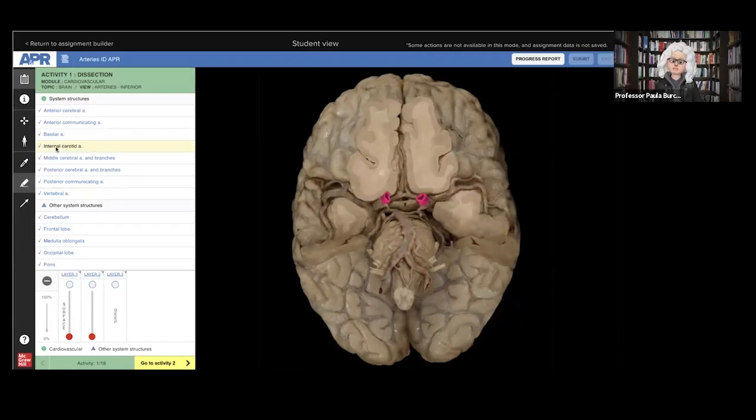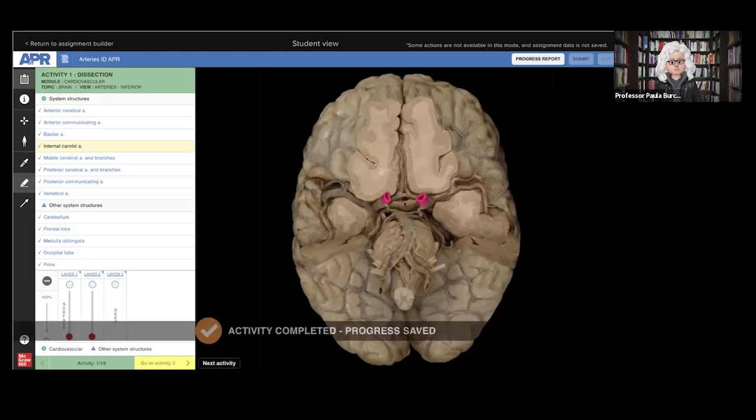Remember, these are going to be branching off of the common carotid arteries that we learned in the heart chapter or the heart lab. So the common carotid arteries branch or feed into an internal carotid artery that goes to the brain and the circle of Willis, and an external carotid artery that is going to supply the superficial tissues of the head.